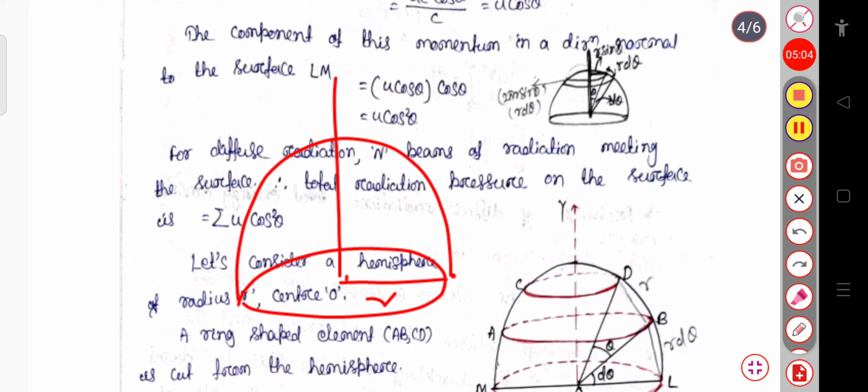And it makes an angle, if I cut a very thin ring here, suppose for this.